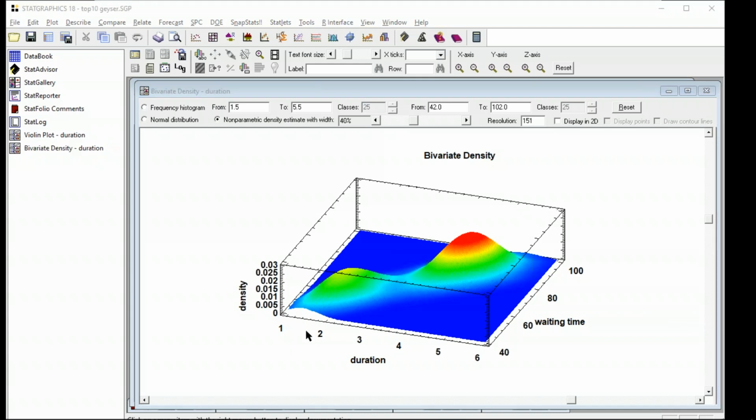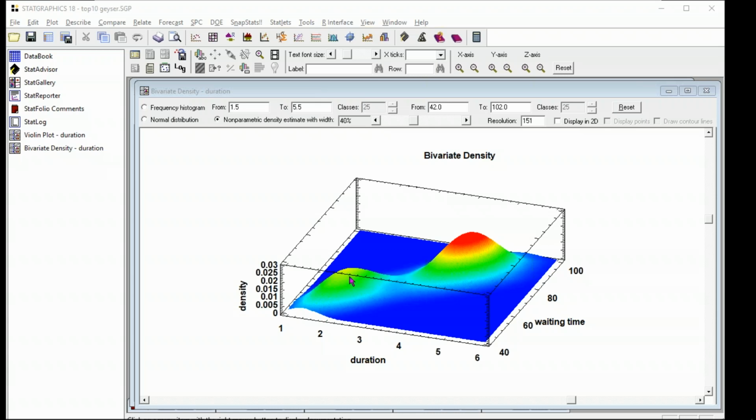You see along the axes here the duration of the eruptions, and then along the second axis the waiting time until the next eruption. And one thing you can see is that in the space of duration and waiting time, it's definitely a bimodal distribution.